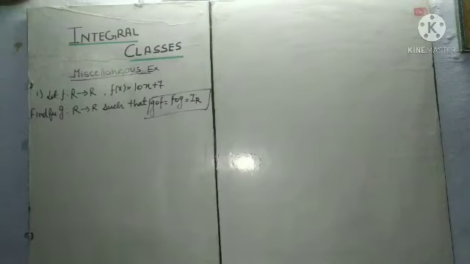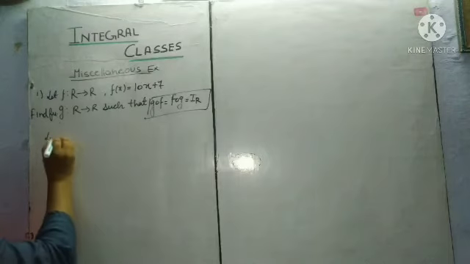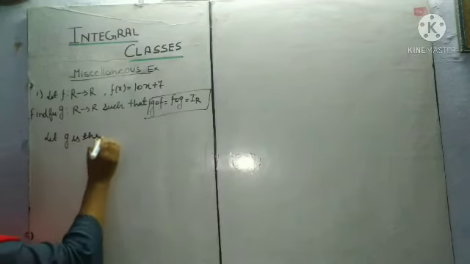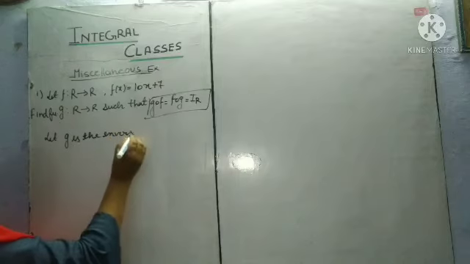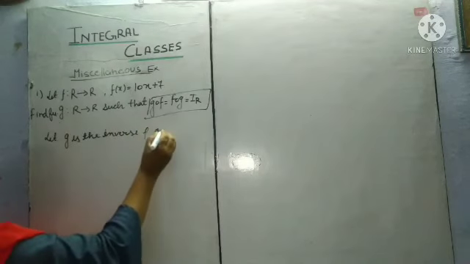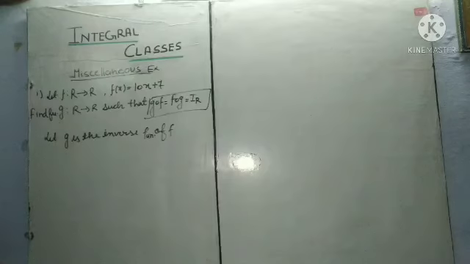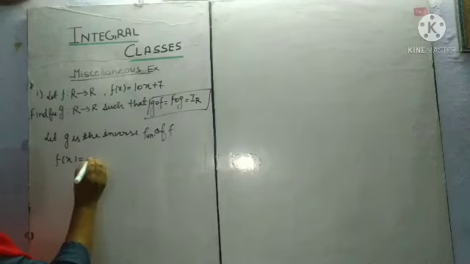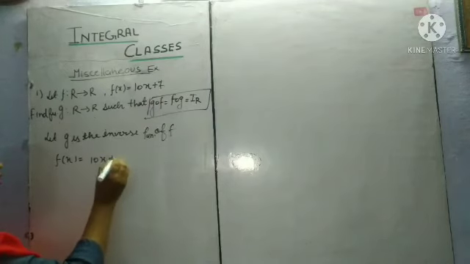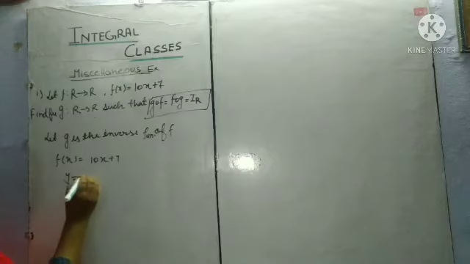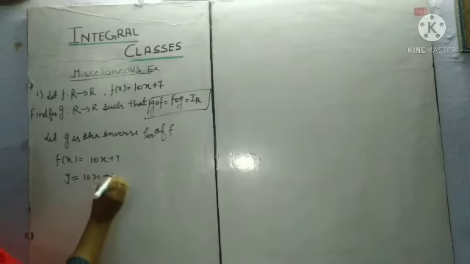So student, first we will let g is the inverse function of f. For the inverse function, first we will put f(x) equals 10x plus 7. Then we will replace f(x) by y, y equals 10x plus 7.